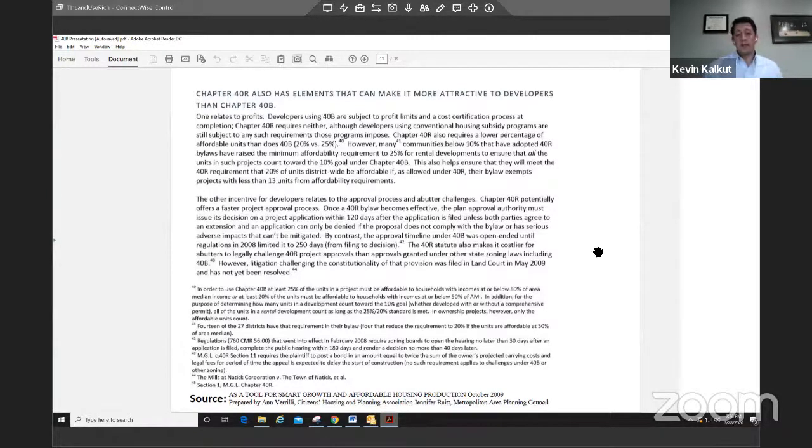The second way is, as Rich had identified, there have been two instances where communities had made progress towards hitting their affordability goal, as well as had a 40R district identified within their municipality, and used that as leverage to say that this incoming 40B project does not fit in with what we're trying to do.